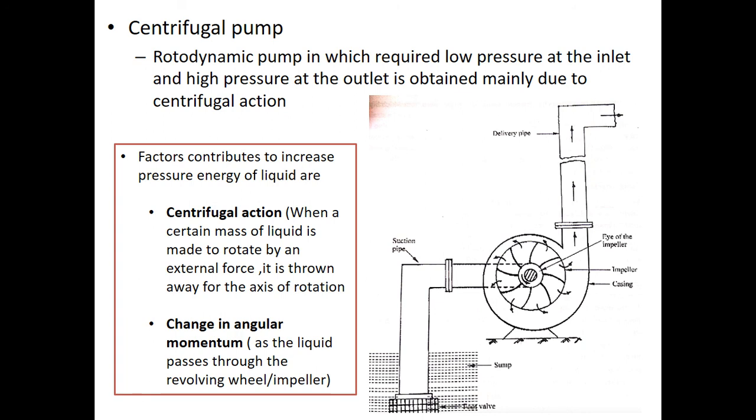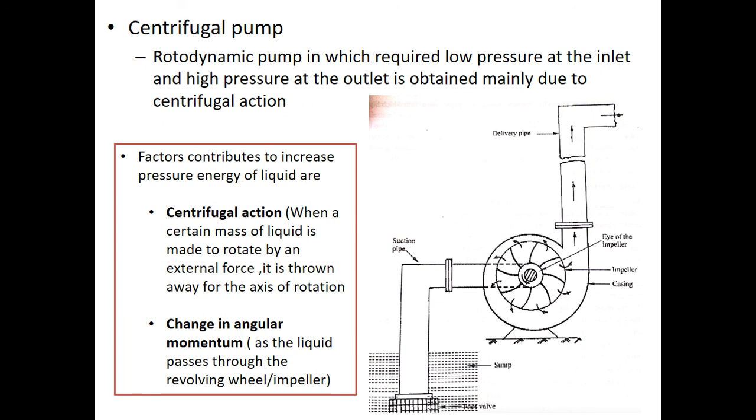This gradual increase in area reduces the velocity of the liquid leaving the impeller to the delivery pipe. If the velocity decreases, of course, with half mv square, the kinetic energy of the liquid while passing through the casing decreases, which means the kinetic energy is converted into useful pressure energy.